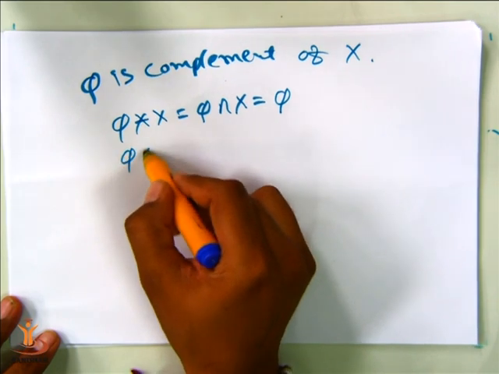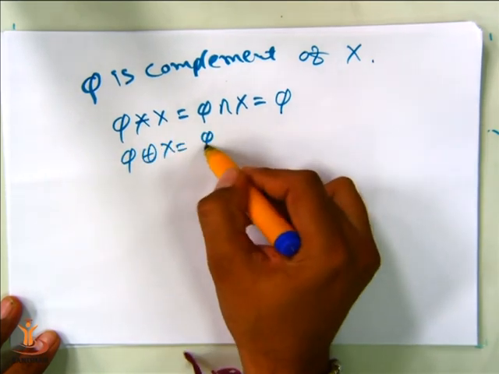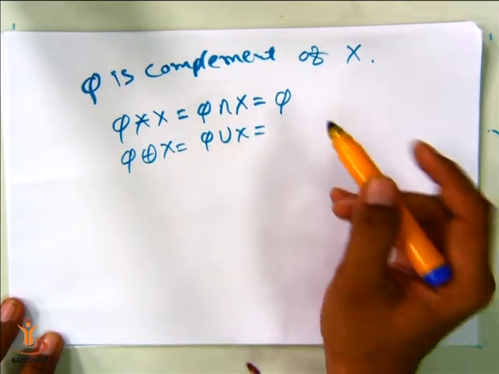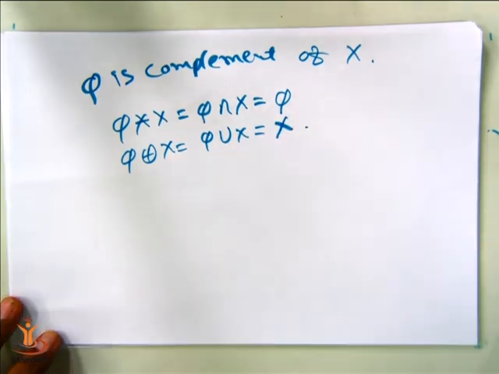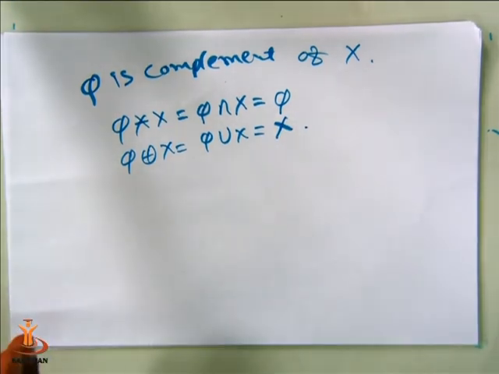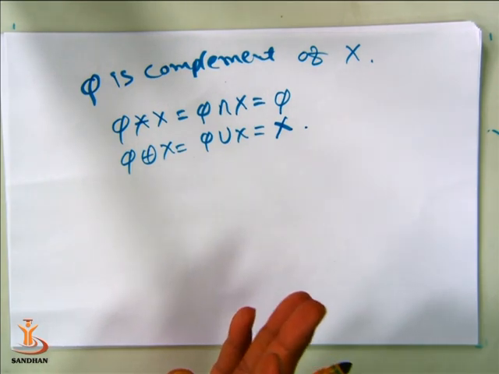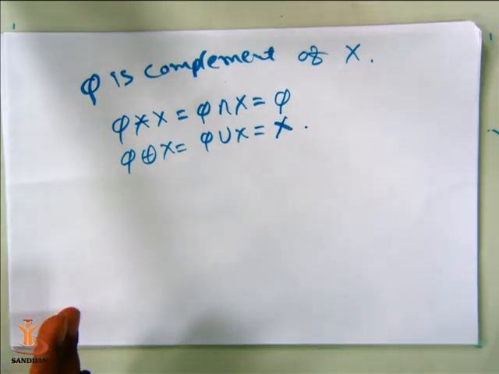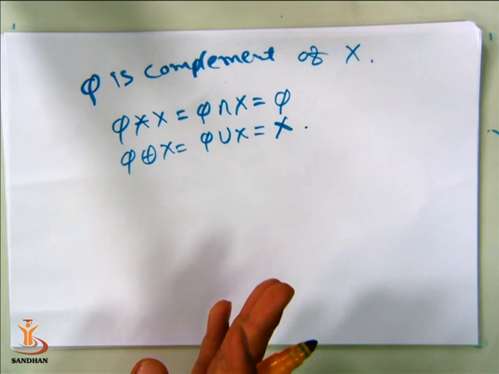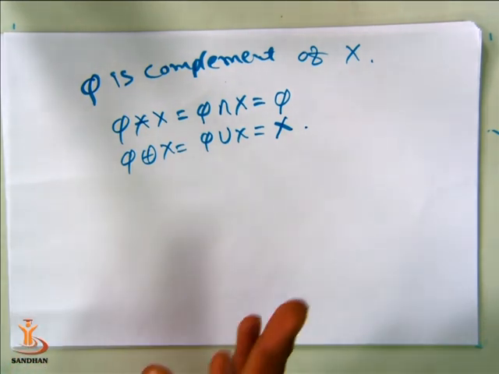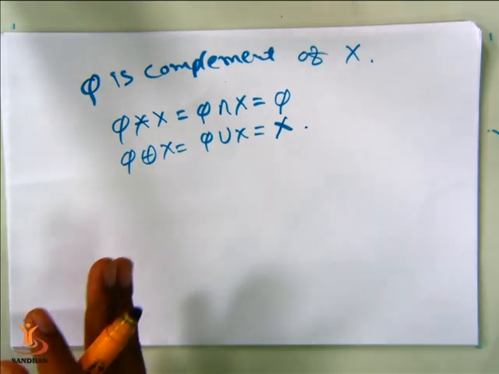And phi ring sum X is equal to phi union X, that is equal to the whole set X. So star is the empty set, that is the 0 element, and ring sum is X, that is the 1 element. So phi is a complement of X, and similarly X is a complement of phi.